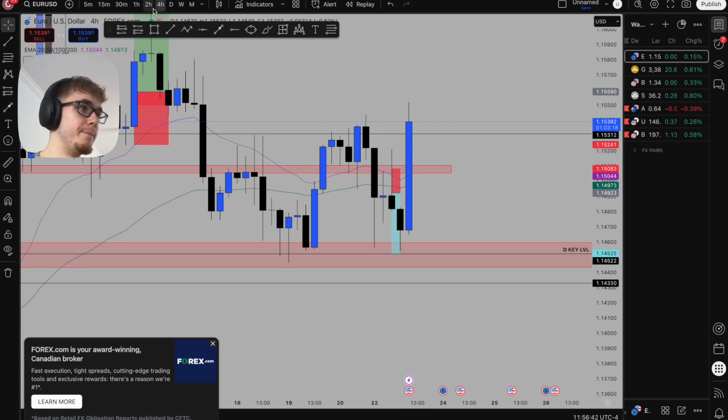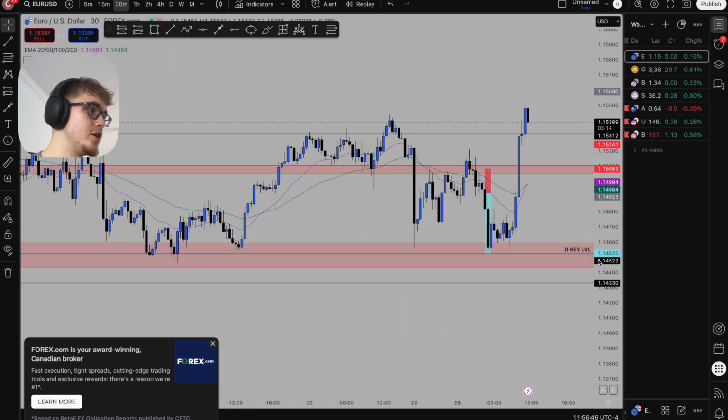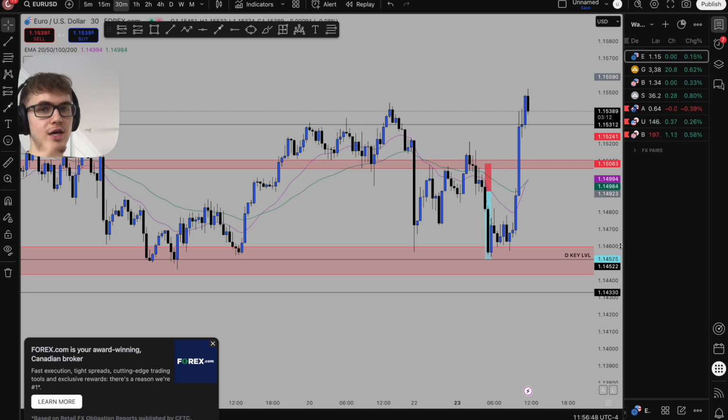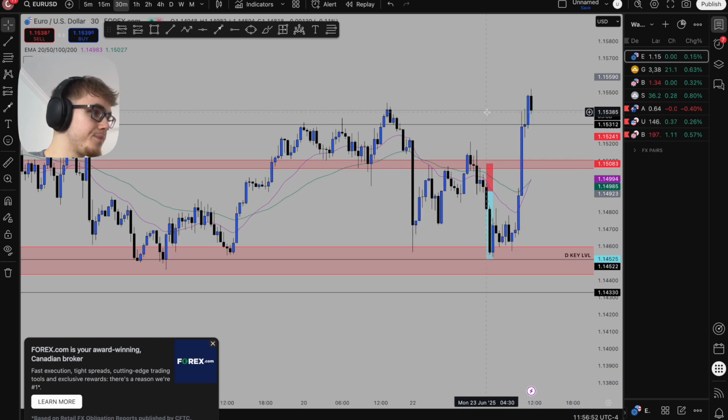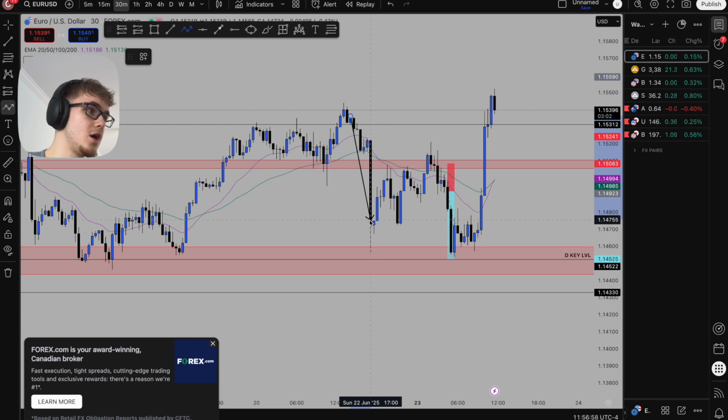Now, going back to the 30 minutes where I usually look for my entries. For my entries, I usually look at the 15-minute or the 30-minute. The 30-minute was also very clean. You can clearly see that price started to make some bearish momentum, creating lower lows.